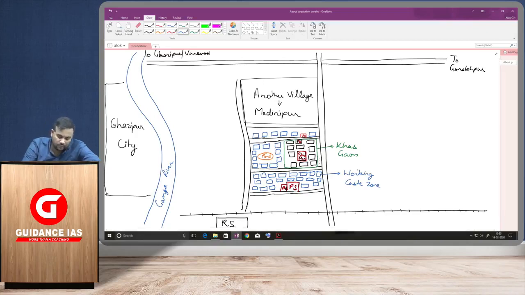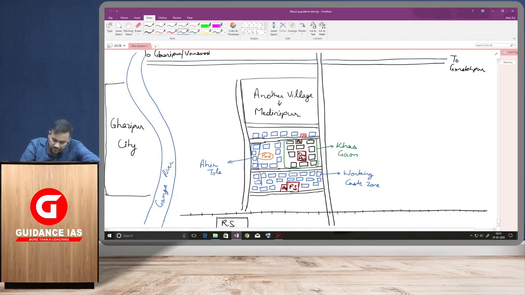Now, a number of working castes can also be identified. For example, here the different names are given. Some of them are particularly identifiable. Like for example, this part is specifically referred to as the Ahir Tola. The Yadavs, the milkmen of the village, are inhabiting here in the Ahir Tola.